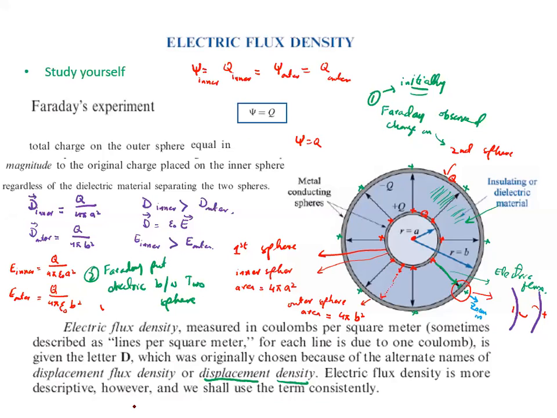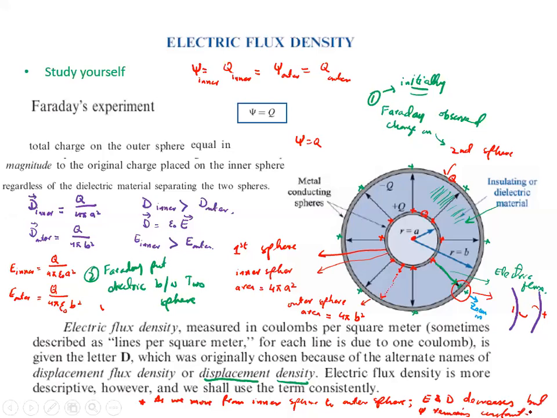As we move from inner sphere to outer sphere, E and D decrease, but psi remains constant.